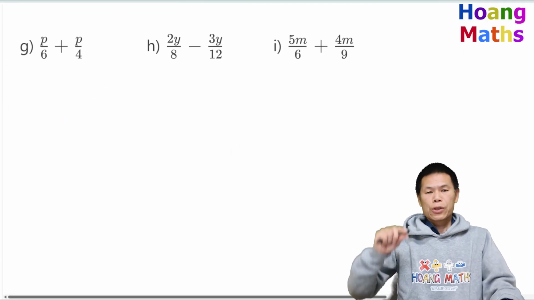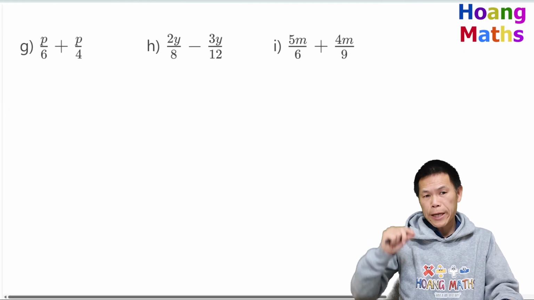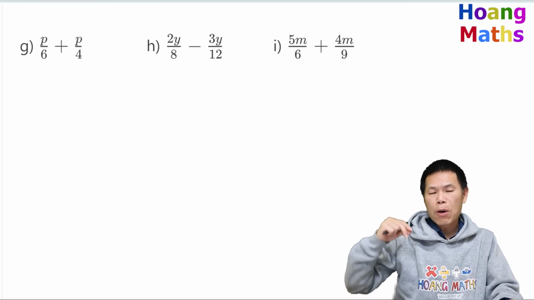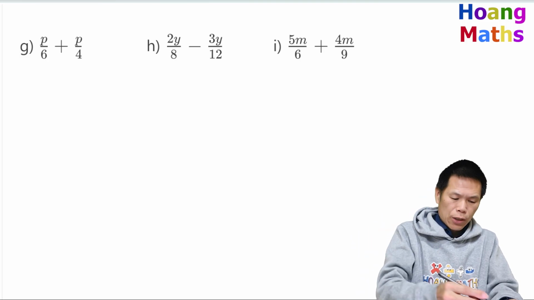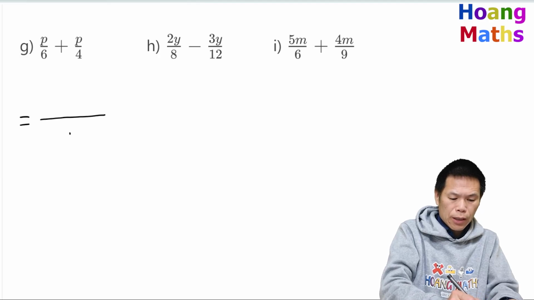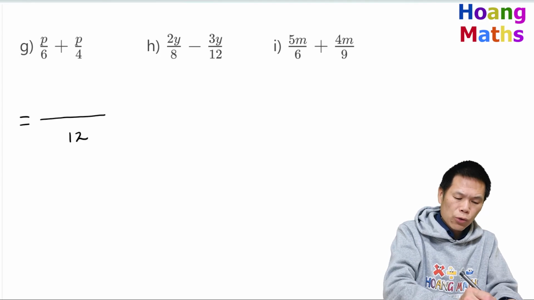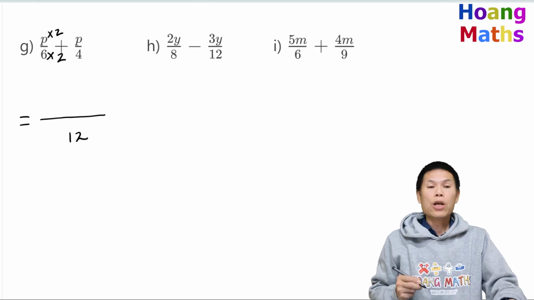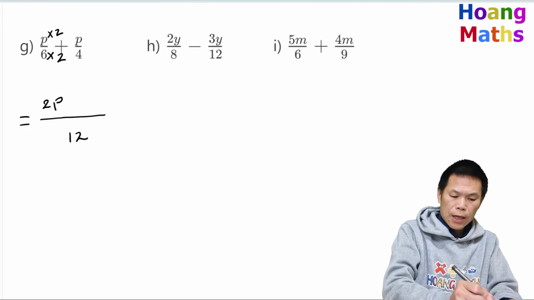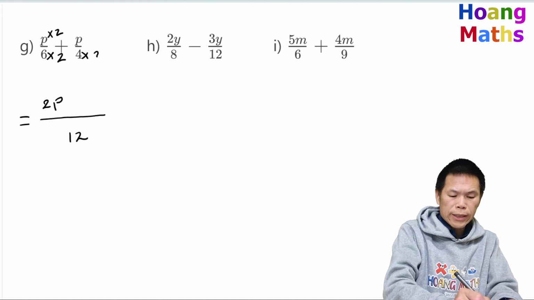Part G. So the lowest common denominator is 12 because 12 is a multiple of 6 and a multiple of 4. Okay. So that is 12. Let me write this down. This is 12. From 6 to 12, we times this by 2. The top times 2. So P times 2 is 2P. And 4 to 12, we times 3.